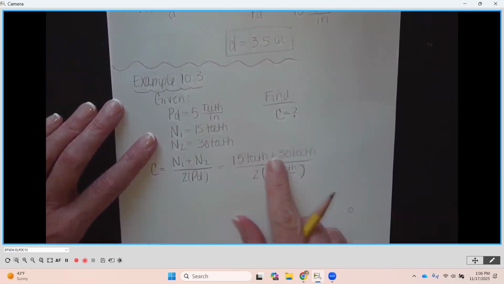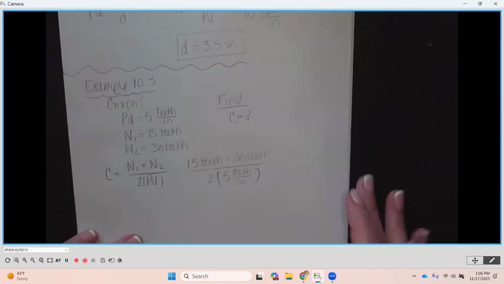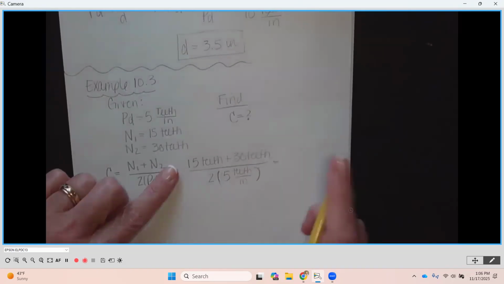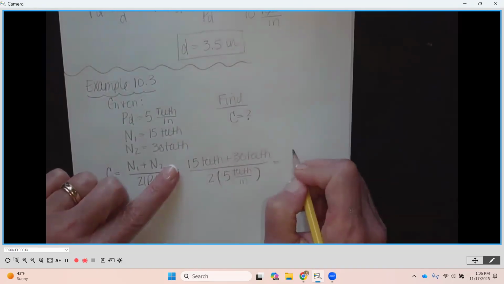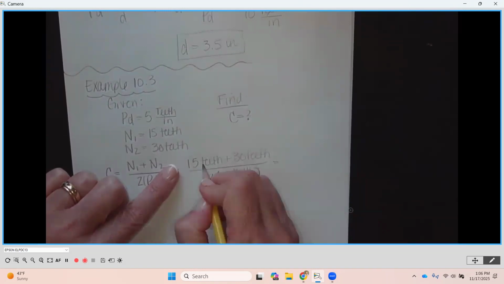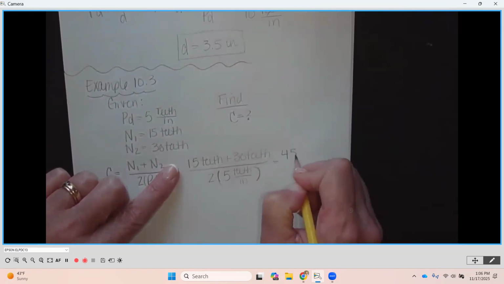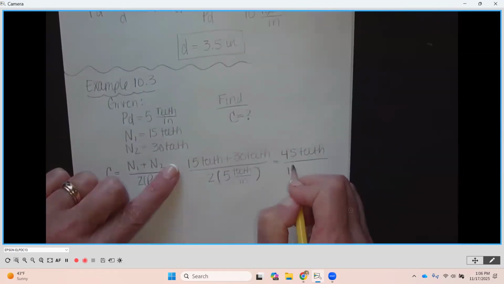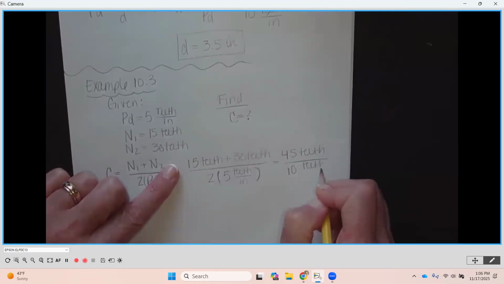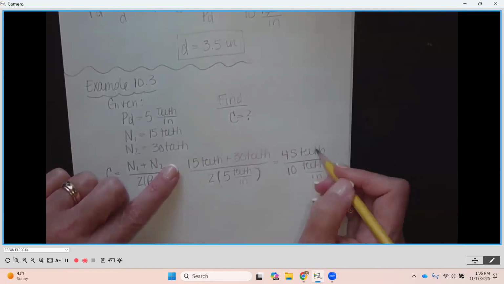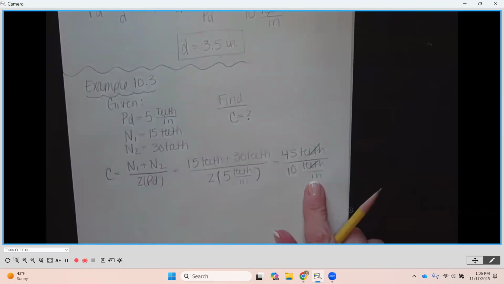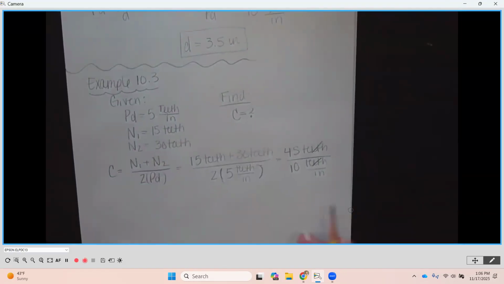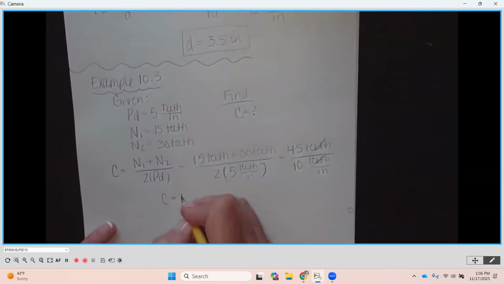Now on top, these are going to combine, right? I'm going to just kind of put out here. You don't have to do the extra step, but I just want to show you units wise so we can see the cancellation. We're going to have 15 plus 30. That's going to be 45 teeth divided by 2 times 5, which is 10 teeth per inch. Okay. So my teeth are going to cancel. I'm going to have inches in the denominator of the denominator, so they multiply on top. So my center distance is going to be 4.5 inches, right?